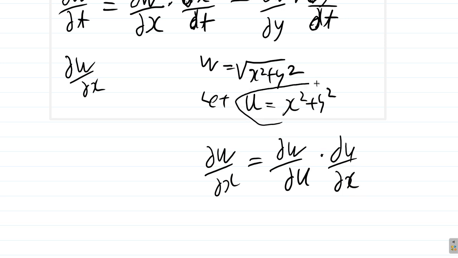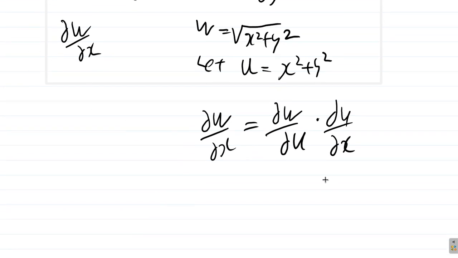Now here you could get partial u by partial x from that. Now the partial of u by partial x, let me write it on there. Partial u by partial x would be, in this case, just 2x. Okay? Now you want partial w by partial u.